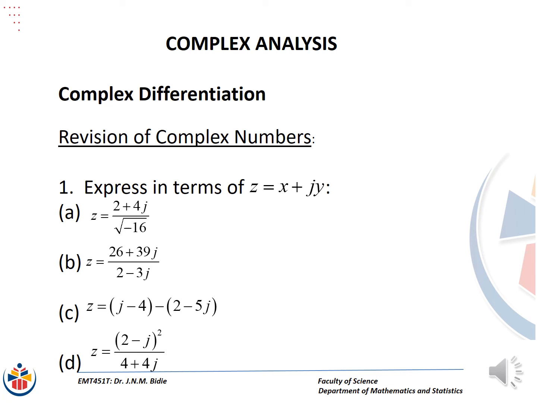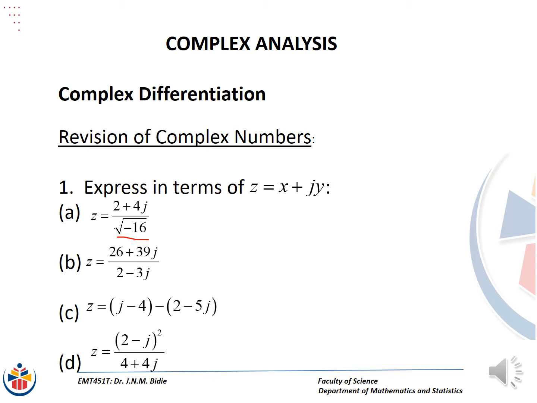In complex analysis, we start out with complex differentiation, and it requires us to do a quick revision of complex numbers, remembering that the square root of -1 is j. Therefore, this denominator for a gives us 4j.